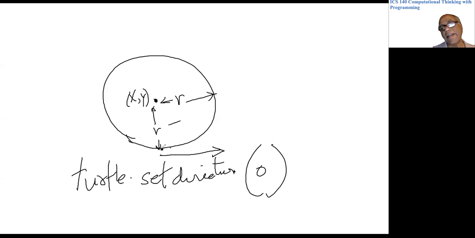So if you go to this point and set the direction to 0, you are asking the turtle to move to the right. Now, if you draw a circle with a radius of R, the center will be to the left of this. If you're traveling in this direction to the right, the left will be here, right? Do you see that? Are there any questions?